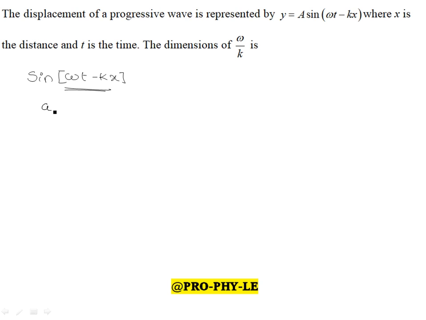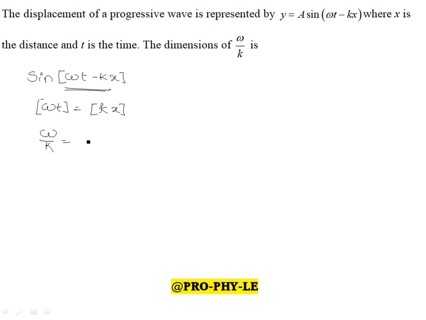So omega t is dimensionless and kx is also dimensionless, and both must have the same dimensions. Then only I can subtract one number from the other. So omega t is equal to kx, and you are asked for omega by k.